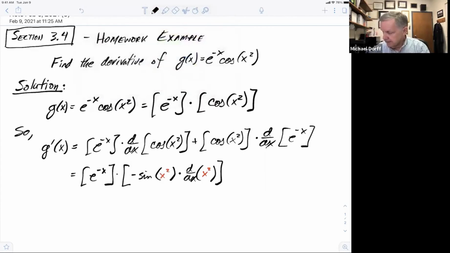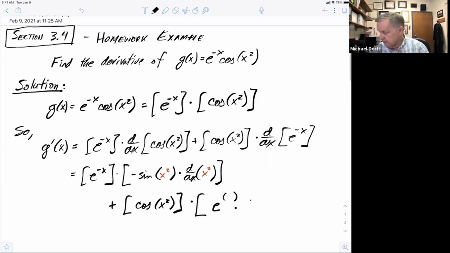All right, and then continuing, I have plus cosine of x squared. This is continuing the product rule part. And then I have the derivative of e to the negative x. So what's the derivative of e to any power? It's going to be e to that power, and then by the chain rule times the derivative of what is in that power. And now what's in that power?